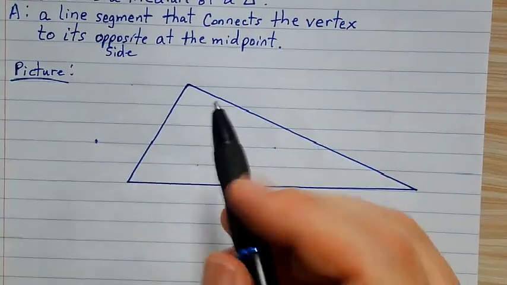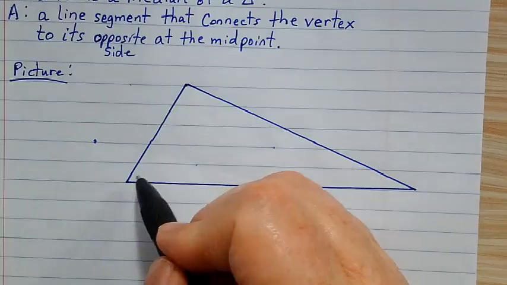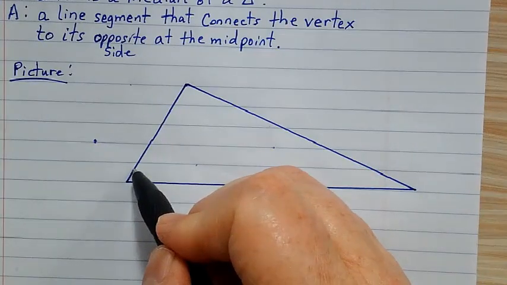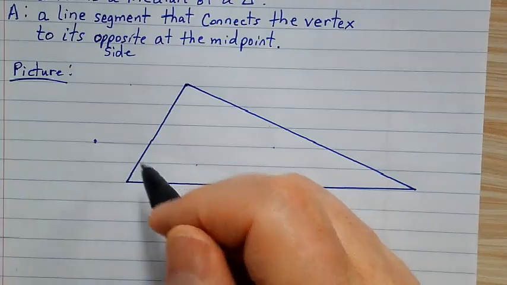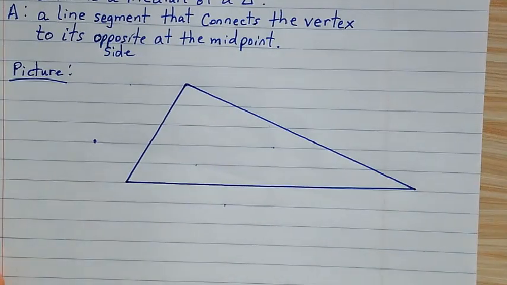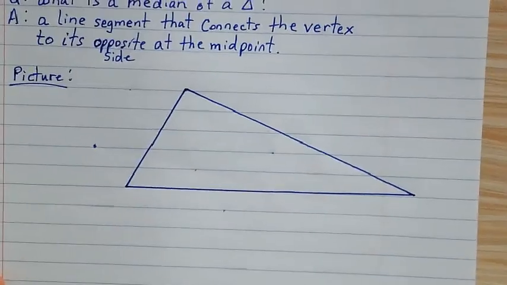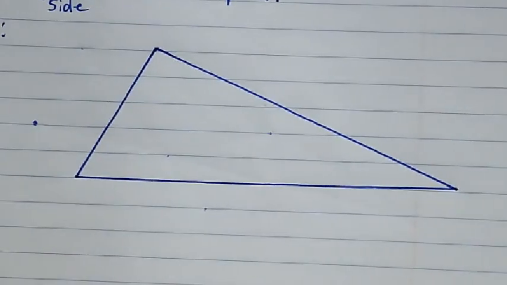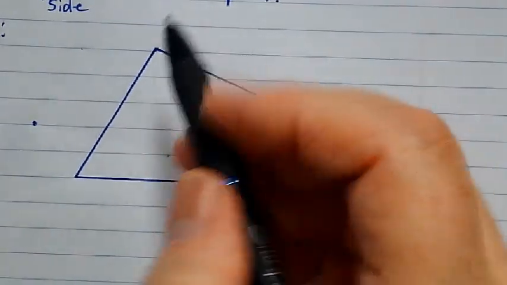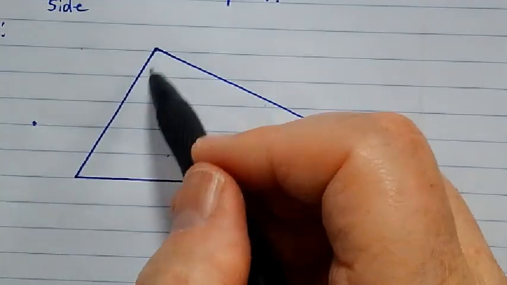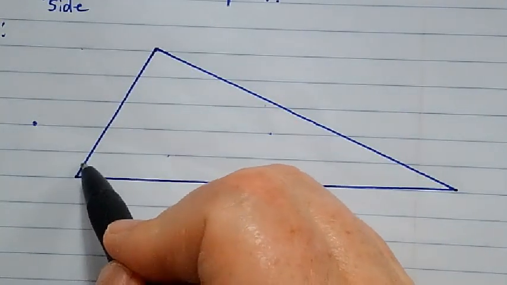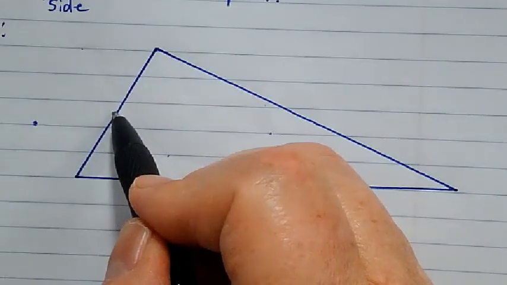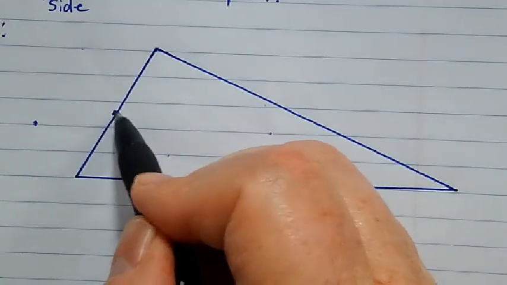Tell me when to stop when you think I'm at the midpoint. Okay, you said stop right there? Is that the midpoint? Okay, now, maybe you don't understand the assignment. Tell me when to stop when you think my pen hits the midpoint of this side right here. The middle. The dead center of this line segment. On your mark, get set, tell me when. Thank you. Dang, I like pulling teeth.